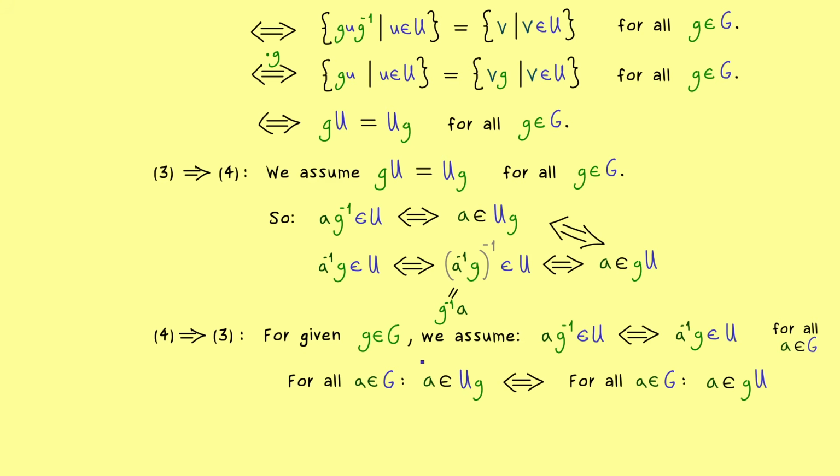So you see these are statements for all elements in a given set, so actually here we have a set equality. If all the elements of two sets coincide, we know that the two sets are the same. There's no other way, UG is equal to GU. And this finishes the proof, and it explains why different definitions for normal subgroups are possible.